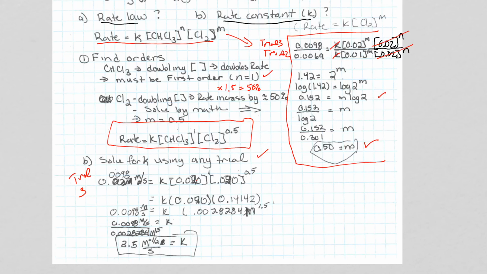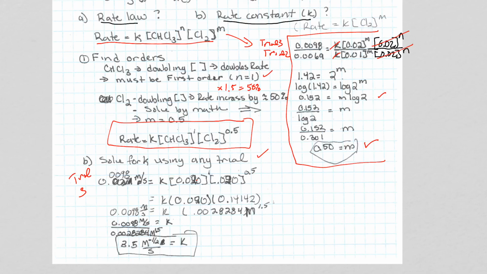Now, to get K, of course, we're going to bring this over. So we're going to take our 0.0098 divided by 0.0028284, with molarity per second on the top and molarity to the 1.5 on the bottom. If we do all this out, we get 3.5. Now our units here are a bit crazy because of the half order.